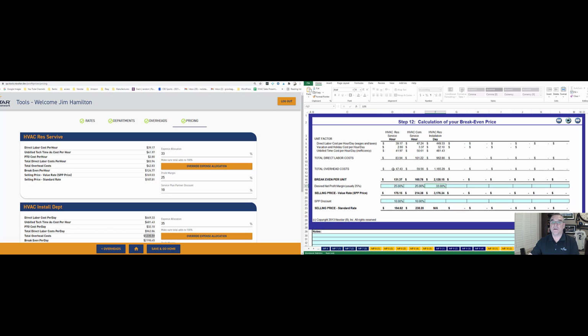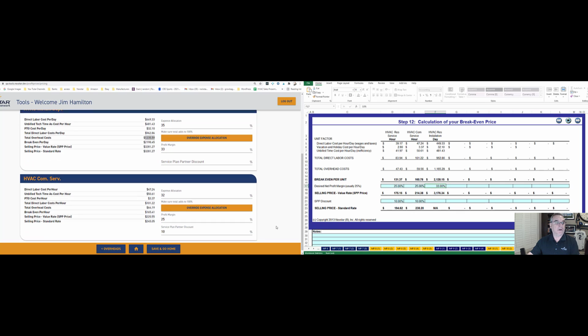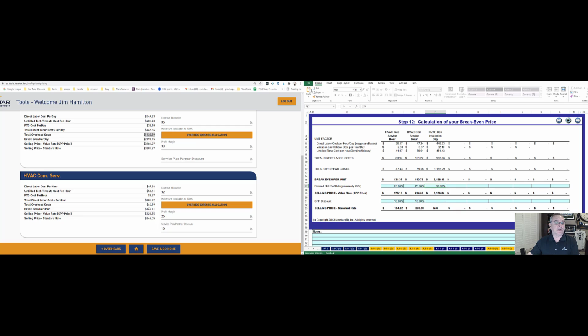It's showing 4743 here, and it's 4287 over here. That was the install department we talked about. And then I did a commercial department, overhead 6419, I'm showing 5956. So it's a small number, but it's not exact.